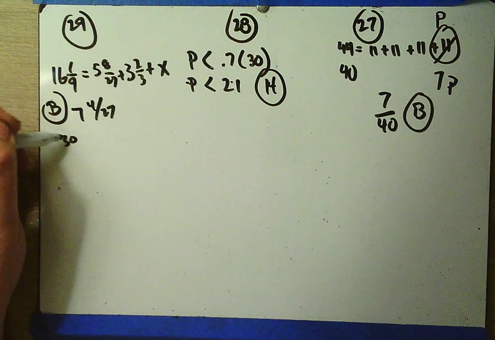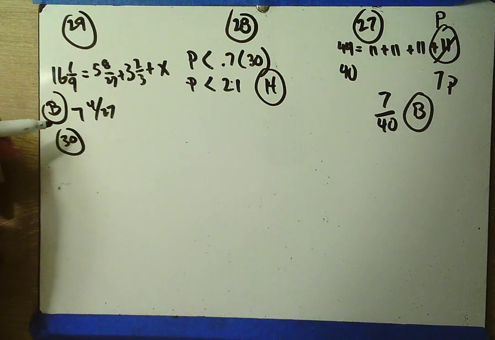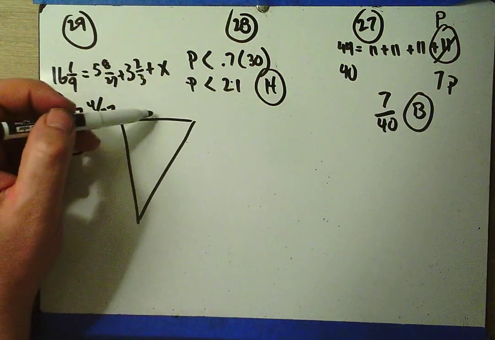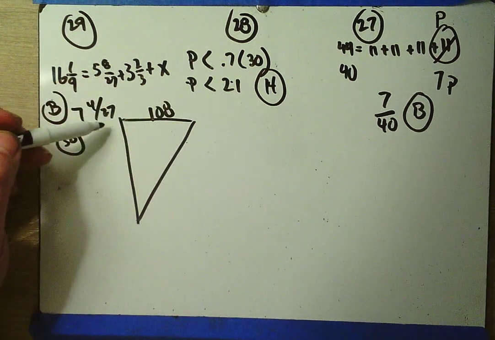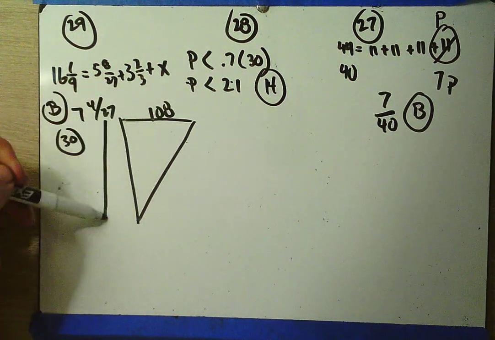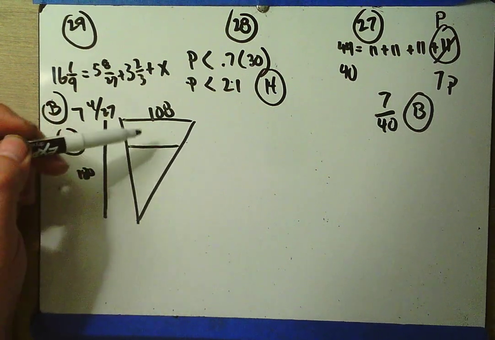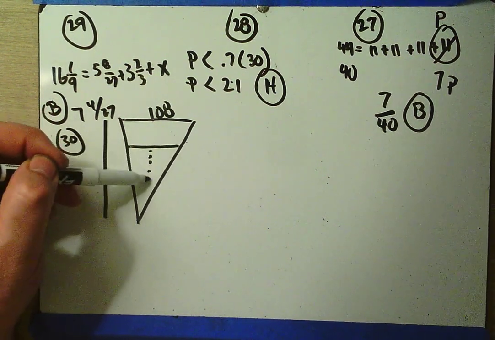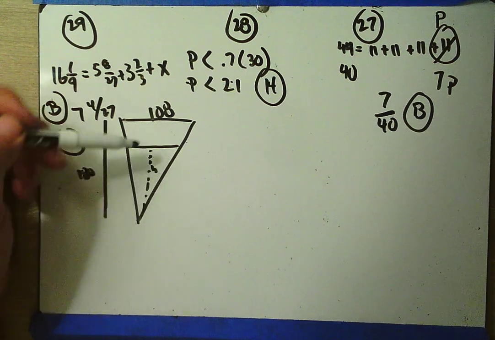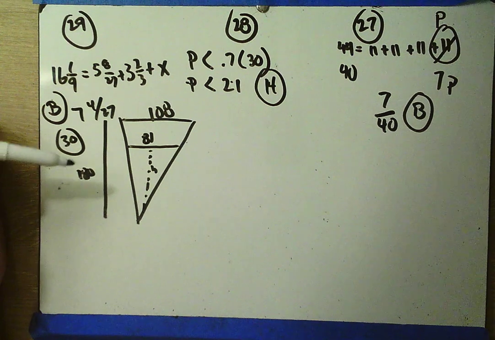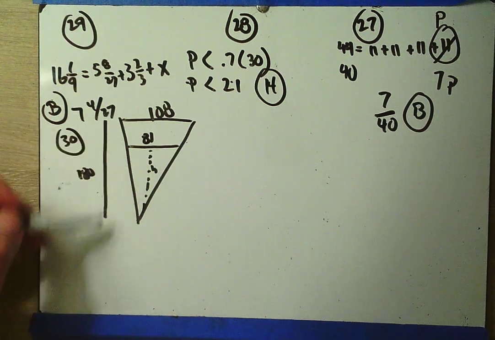30. Okay. So 30 gives us similar triangles. We've got this big triangle with 108 and 180. And we've got this smaller triangle, let's call that H, with 81 and H. So I'm going to write the proportion.